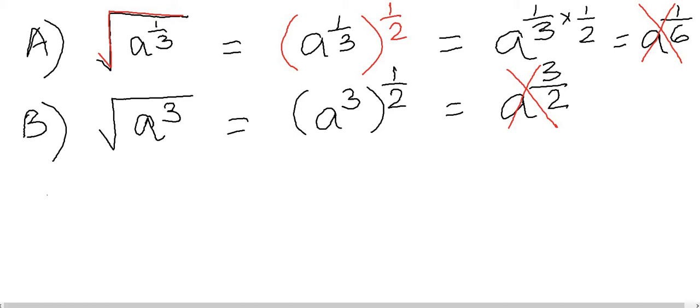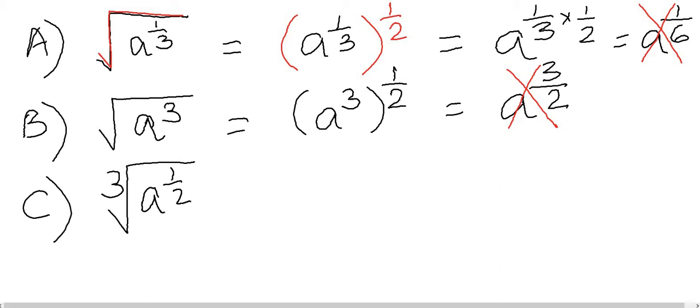Alright, let's go on to option number C, which is cube root. So instead of a square root, it's a cube root of a to the power half. So again, you go ahead and write a to the power half, right?